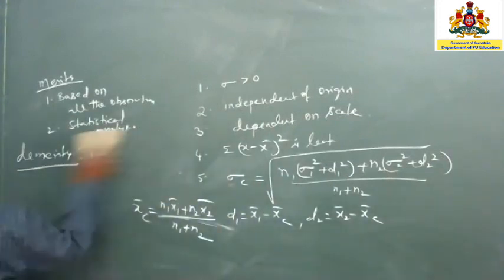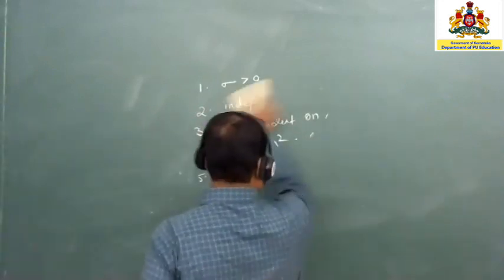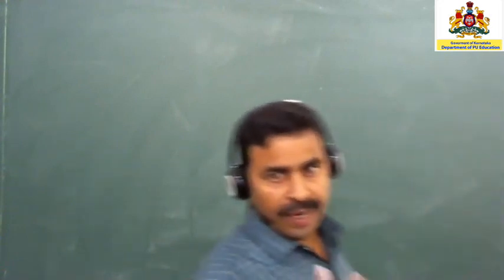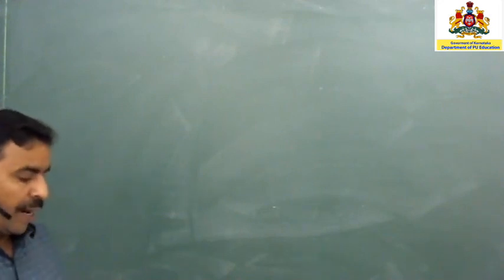These are the details regarding standard deviation properties, merits and demerits. I have explained all the formulae based on the direct method, for 3 types of data, how to calculate standard deviation.